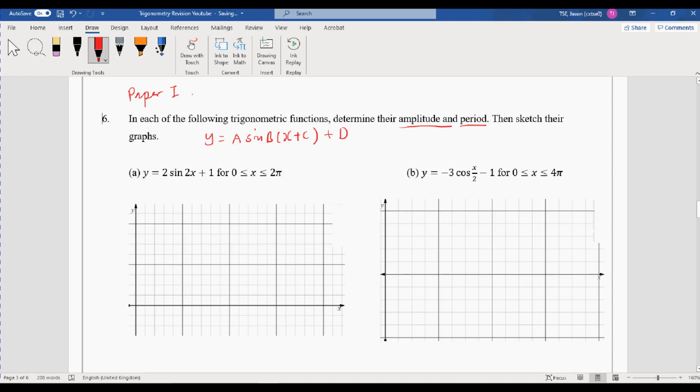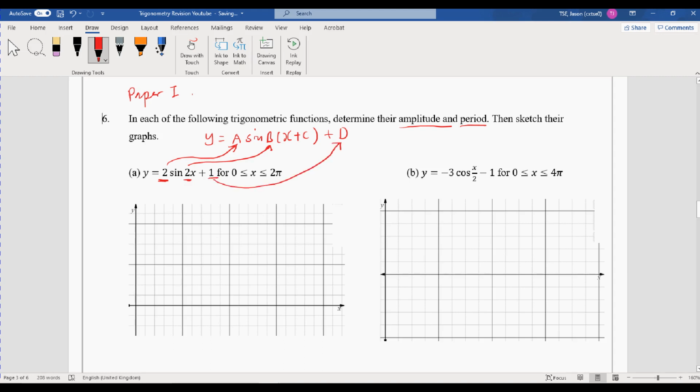Let's focus on the first number here, A. What does it mean? This number means amplitude. And how about this number? Of course, this number will mean B. And the last number, this one, is D.